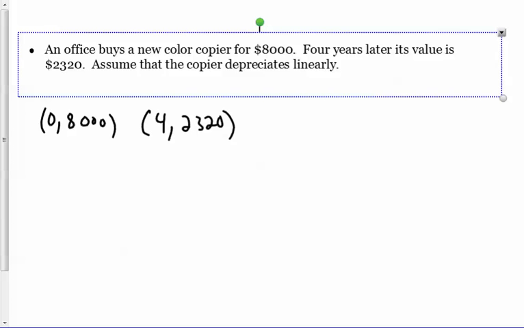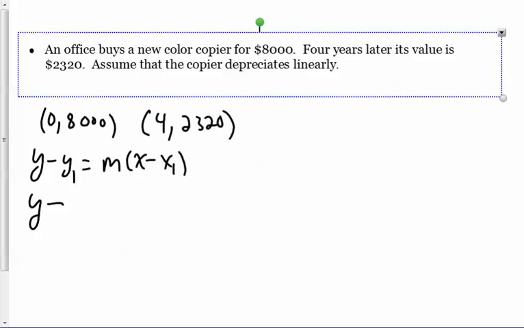You could use y minus y1 equals m times x minus x1, but actually you don't even need to do that. You could technically just find the slope, and you have the y-intercept.